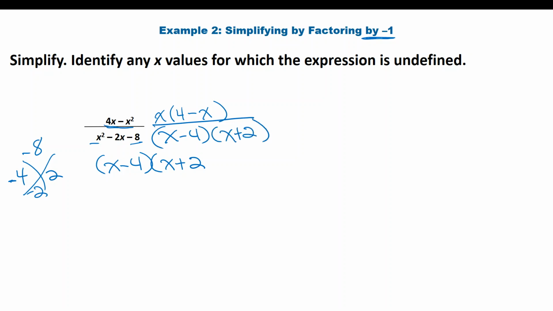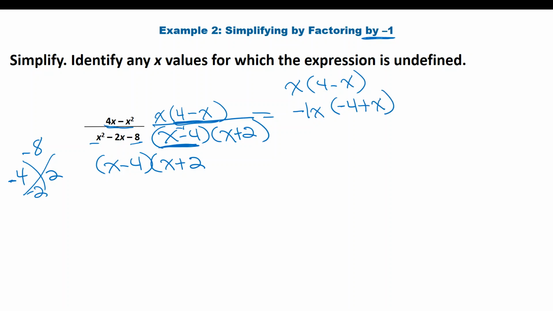And in the past, we were able to just cross some things out, but notice we can't cross these out exactly yet because 4 minus x is not the same as x minus 4. But I know that on the top, where I have x times 4 minus x, if I were to factor out a negative 1, that would leave me with negative 1x times negative 4 plus a positive x.